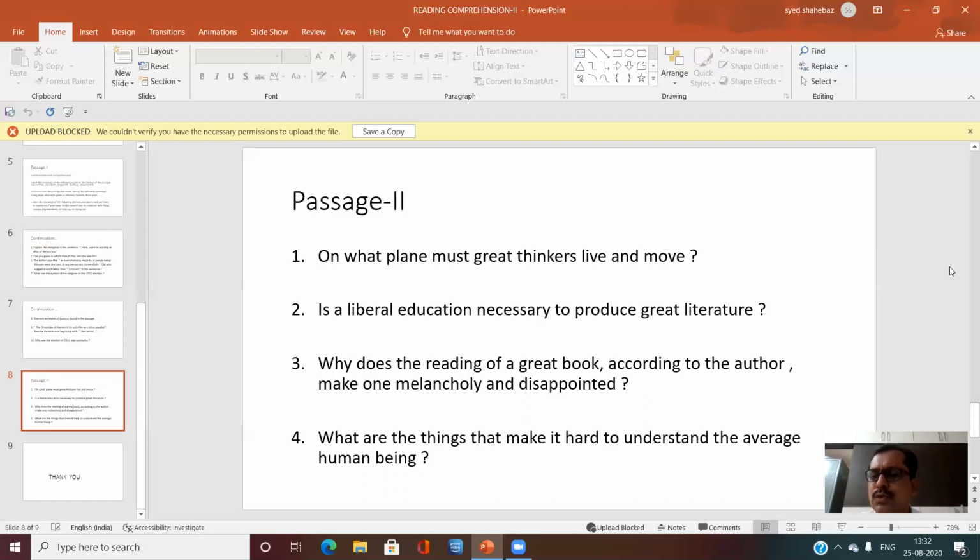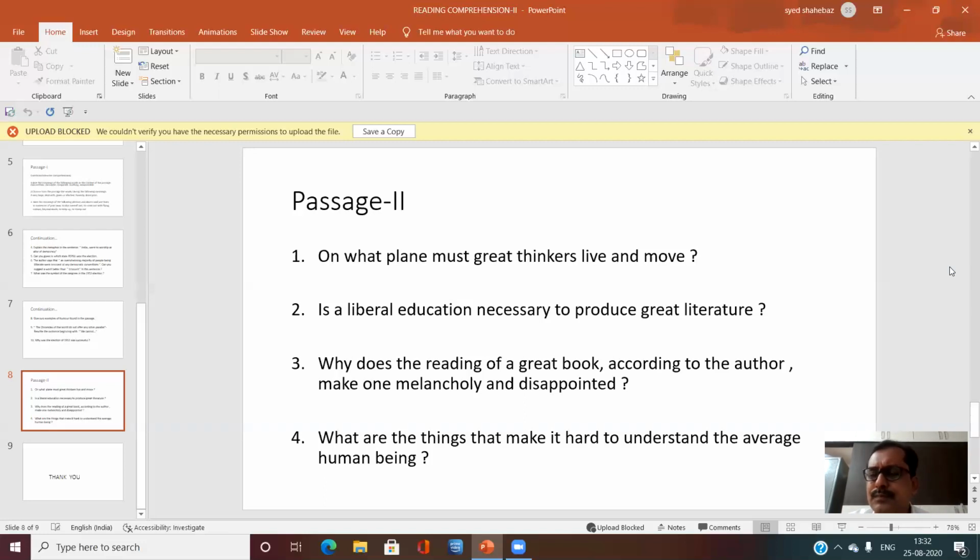And those masterpieces enjoyed the popularity of the people across the countries. Why does the reading of a great book, according to the author, make one melancholy and disappointed? The ideas, sentiments, and expressions in a great book are quite beyond those of ordinary working life, with the result that the reader becomes conscious of the contrast and grows melancholy and disappointed.